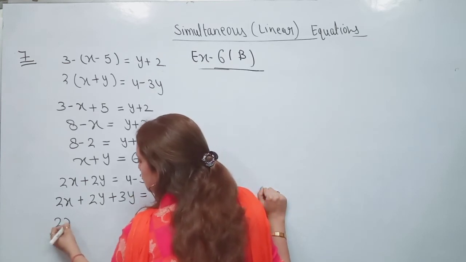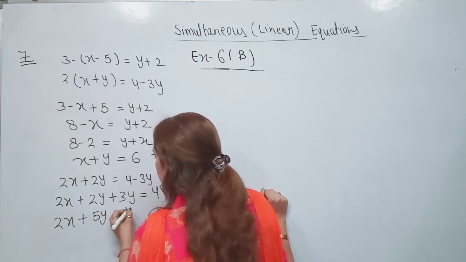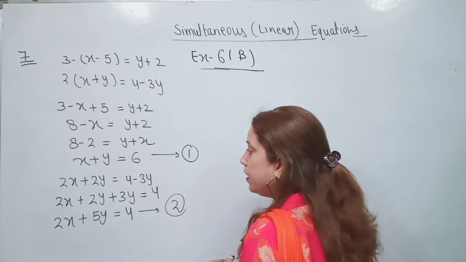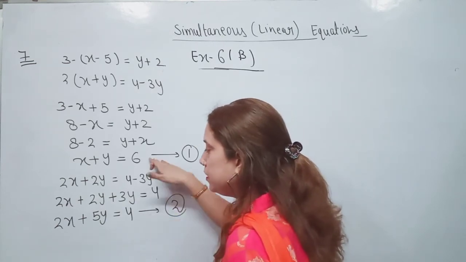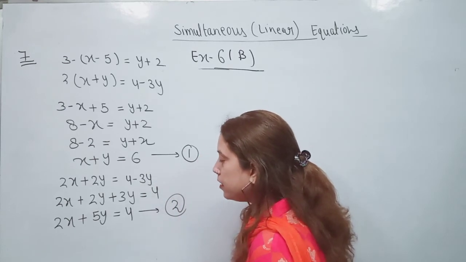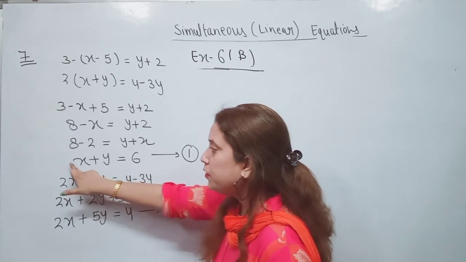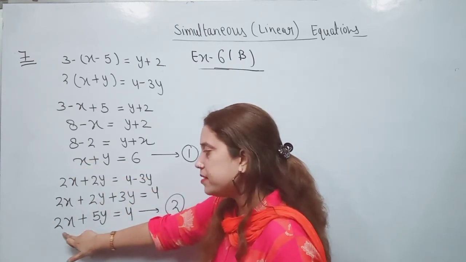So it will be 2x plus 5y is equal to 4. This is equation second. Now here we are using elimination by equating the coefficient. So check in equation first, the coefficient of x is 1 and in equation second the coefficient of x is 2.